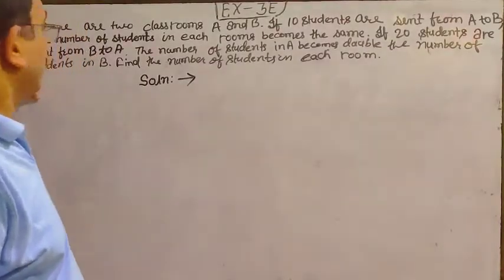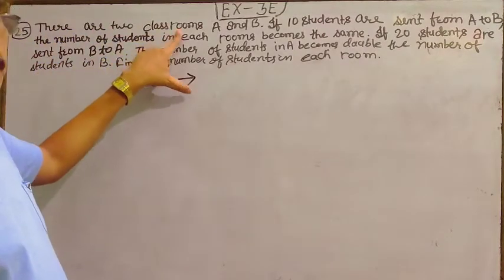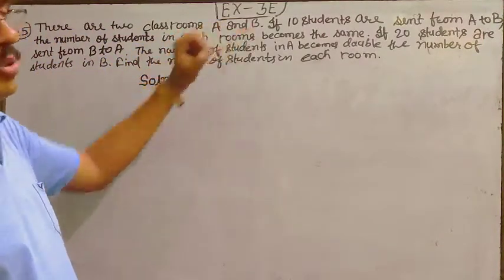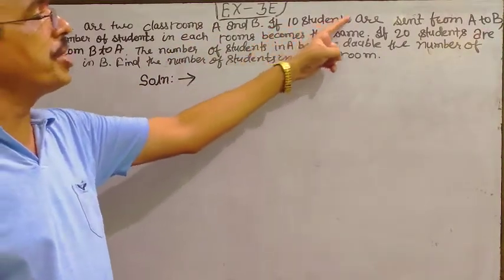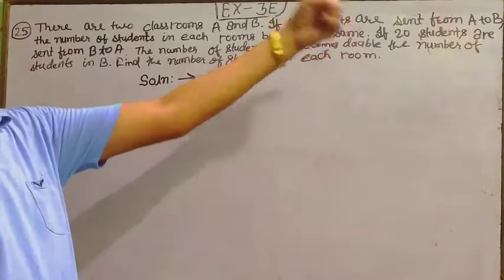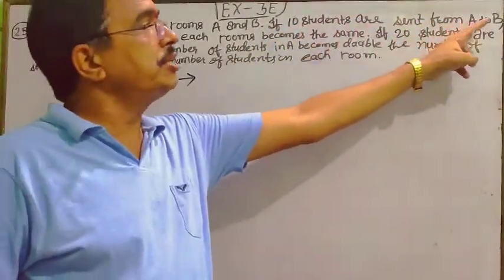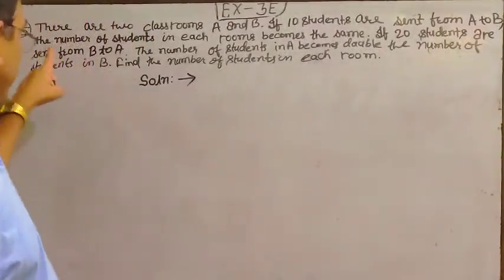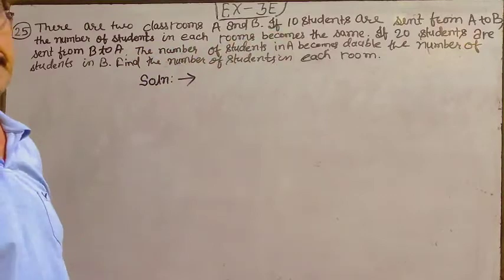Now see question number 25. There are two classrooms and their names are A and B. The first condition is that if 10 students are sent from A to B, that means 10 students sent from A section to B section, then the number of students in each room becomes the same.